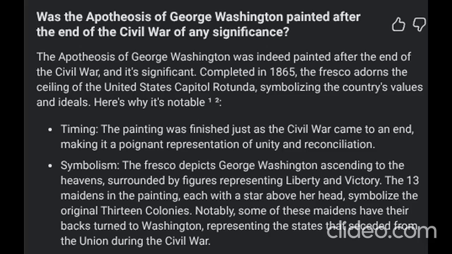Think about this. Use some of that brain of yours and figure some of this stuff out. So we go on to the next four picture slides, which give a little history about the apotheosis of George Washington, when it was done and what it meant.